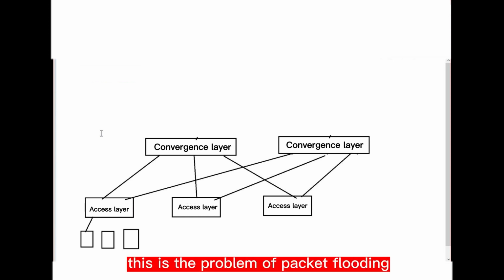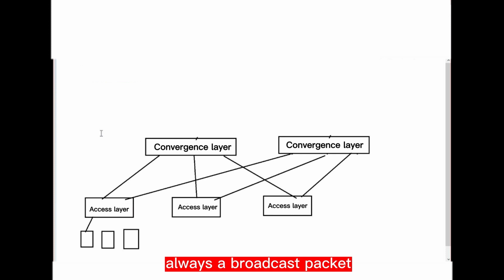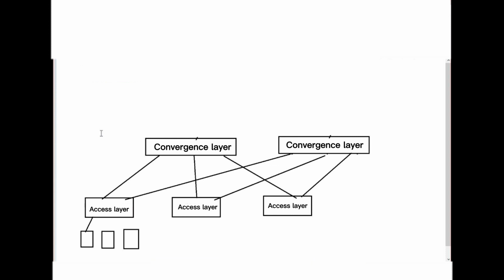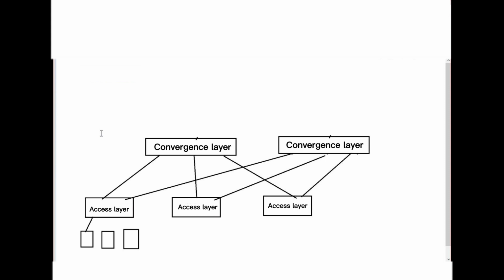This is the problem of packet flooding. It's called endless flooding. Always a broadcast packet. As long as a broadcast comes in, it will send. Nothing is cleared on the link until the bandwidth is full. After that the device goes down. After the bandwidth is full, the current performance of various hardware soars until the device goes down.